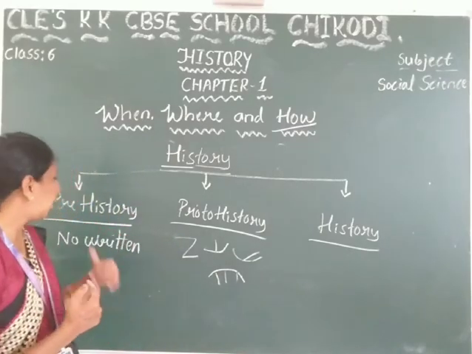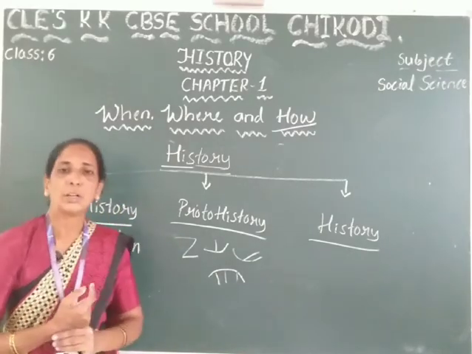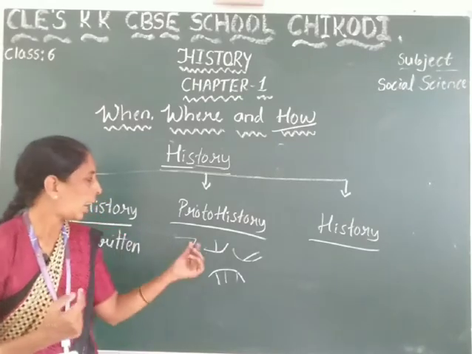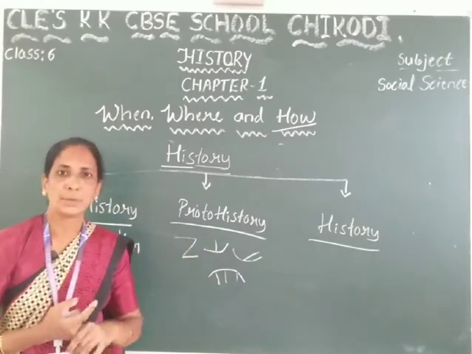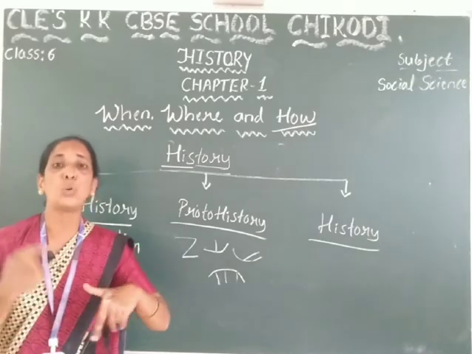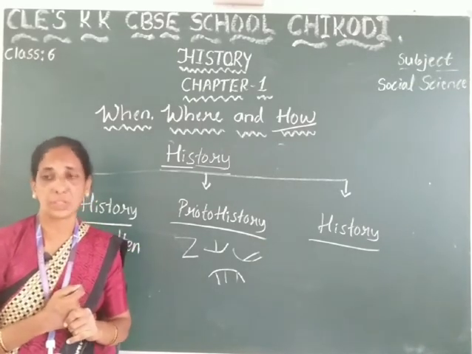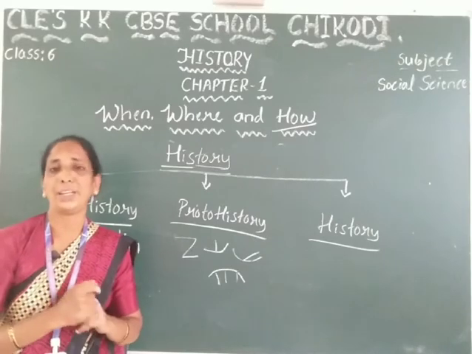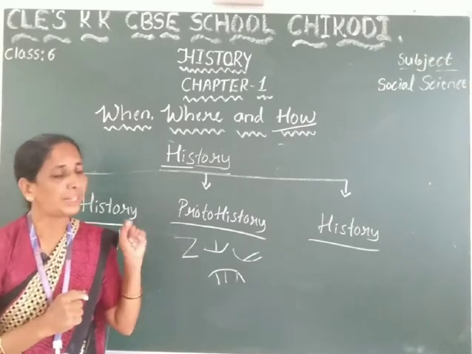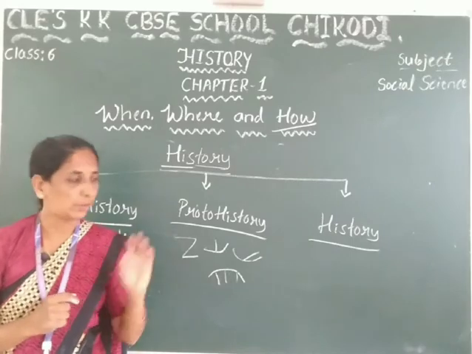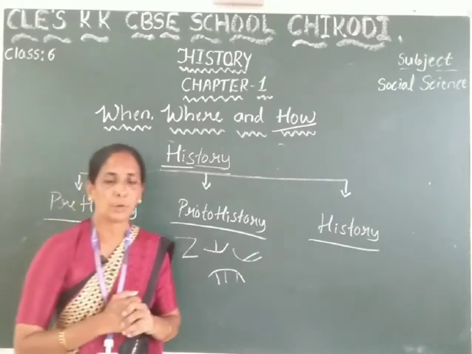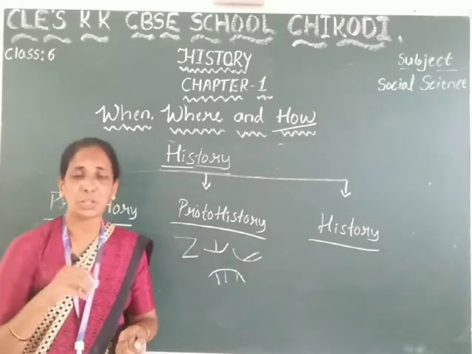So they are not mentioning written records. And see here in proto-history, some of those early men improved themselves. They know how to write, but they don't know how to read. Okay, they know painting on the walls, they know painting on the caves, and they painted pictures.